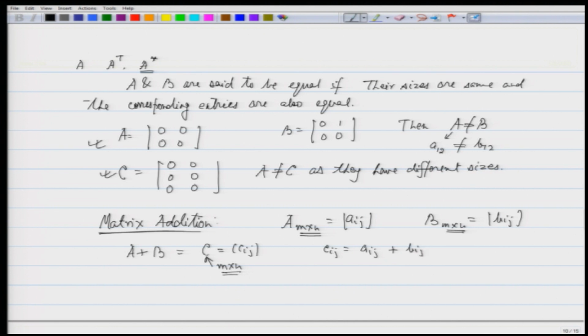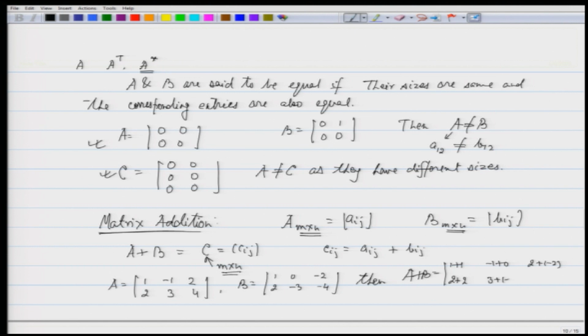plus b_ij. For example, if I take A as 1, minus 1, 2, 2, 3, 4, and B as 1, 0, minus 2, 2, minus 3, minus 4, then A plus B is nothing but 1 plus 1, minus 1 plus 0, 2 plus minus 2, 2 plus 2, 3 plus minus 3, 4 plus minus 4, which is same as 2, minus 1, 0, 4, 0, 0.